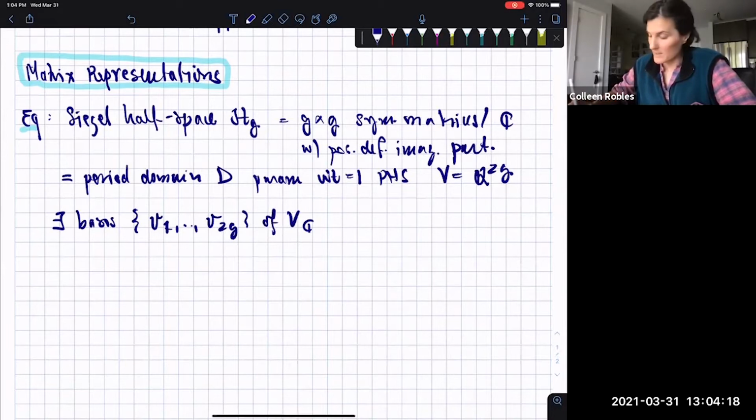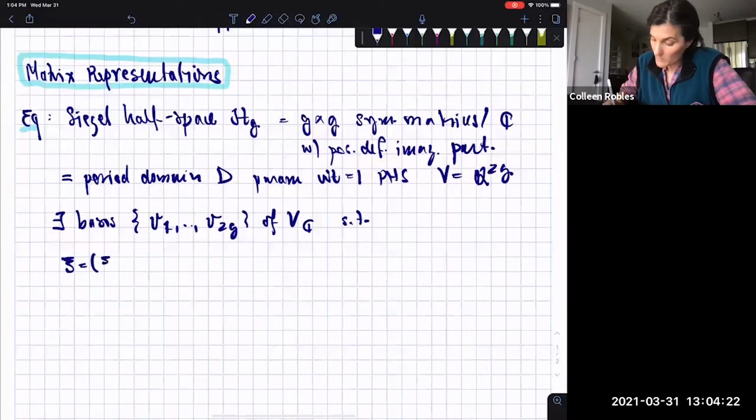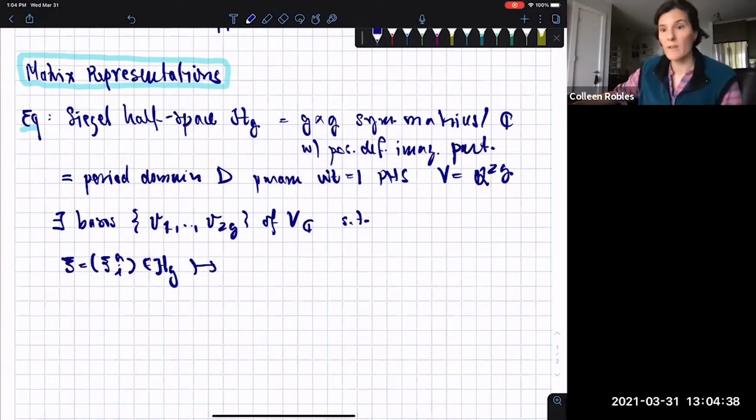of the vector space so that this map that takes one of these period matrices in Siegel space and tells you what the first subspace in the Hodge filtration is.